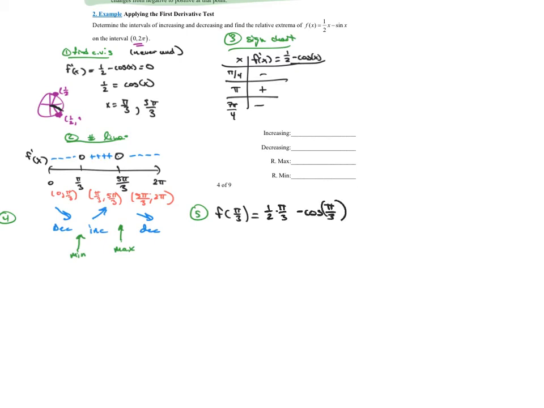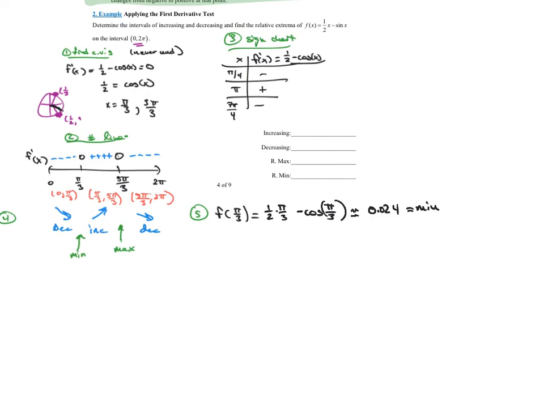I'm going to put that into my calculator: 1/2 times pi divided by 3, then minus cosine of pi over 3. Make sure your calculator's in radian mode. Close that off and let's see what I get. I'm getting approximately 0.024. And we know that that point is a minimum.